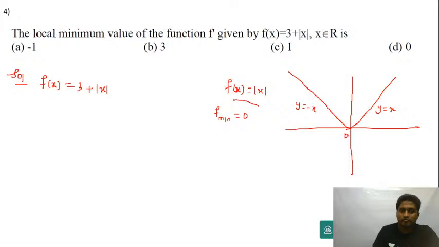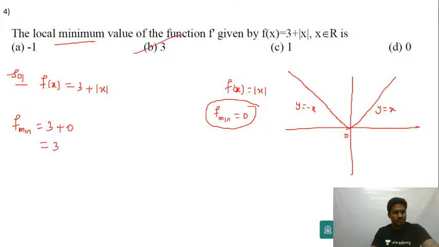Now I'm supposed to find the local minimum value. F minimum is equal to 3 plus the minimum value of mod, which is 0. So the answer will be equal to 3. Answer option B. Good question, simple one. Modulus of x, the minimum value of mod is 0. It's a V-shaped graph and you get a sharp edge at 0. So F minimum will be 3 only.